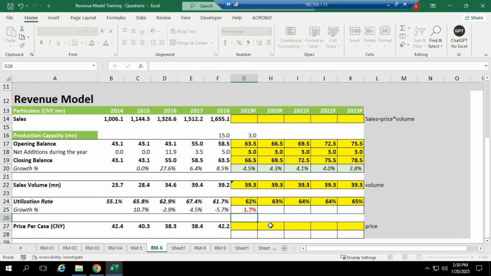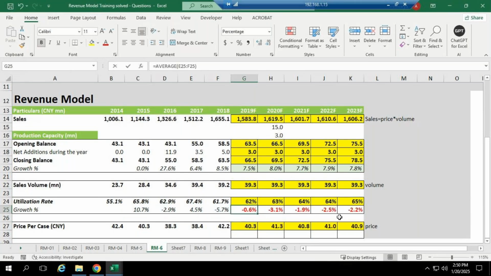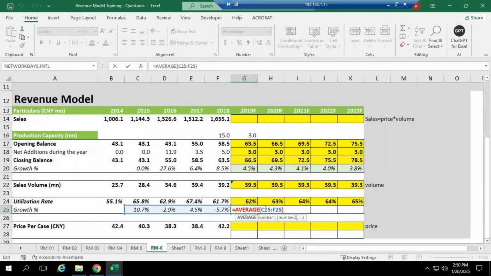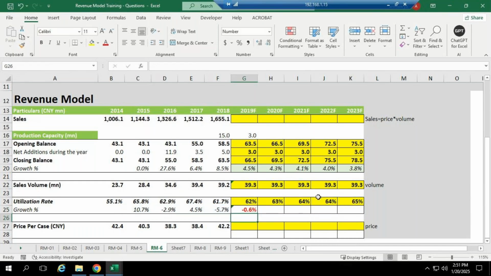Then you can just do it here, or the last 2 years also you can calculate. So enter. Then again 0.6 only you have to mention, and you can drag it over here.